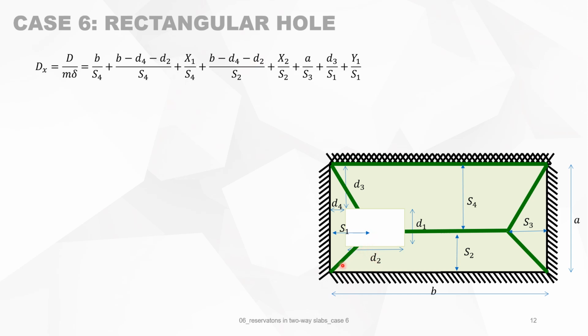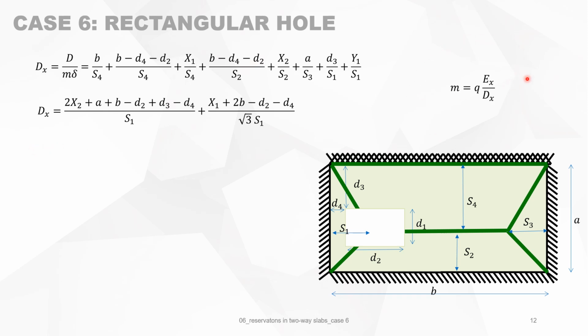So it's this portion of the yield line projected to this rotation axis, and it gives you this amount. And then we can go on for the other portions, like for instance, this yield line here projected to the rotation axis A is of course A divided by S3. And then we can regroup a little bit or fill in some parameters, and we got the formula of Dx.